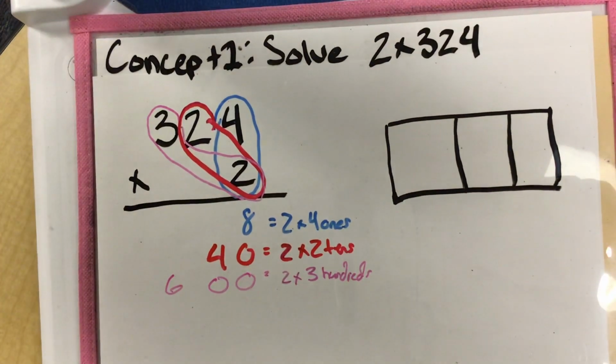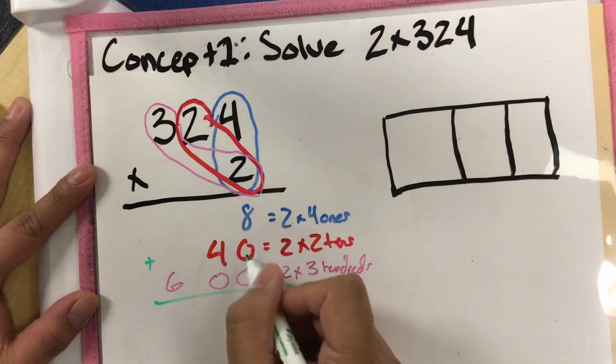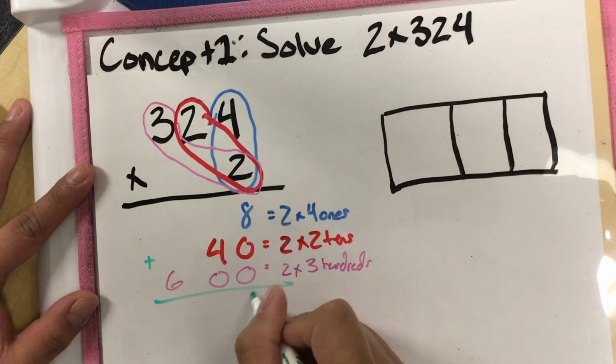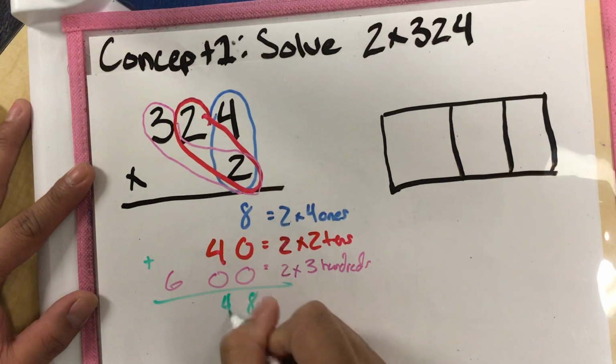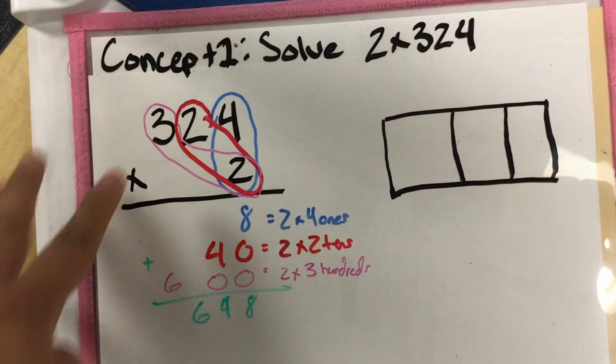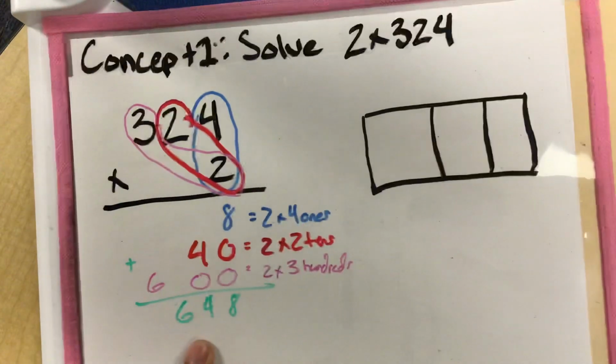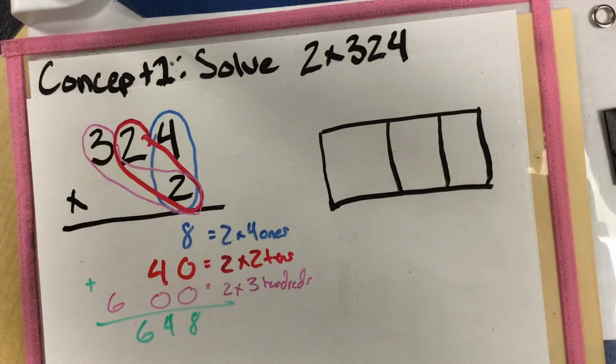Okay? So now that we have all those together, we can add them up. So 8 plus 0 equals 8. 4 plus 0 is 4. 6 plus nothing equals 6. So 324 times 2 equals 648.